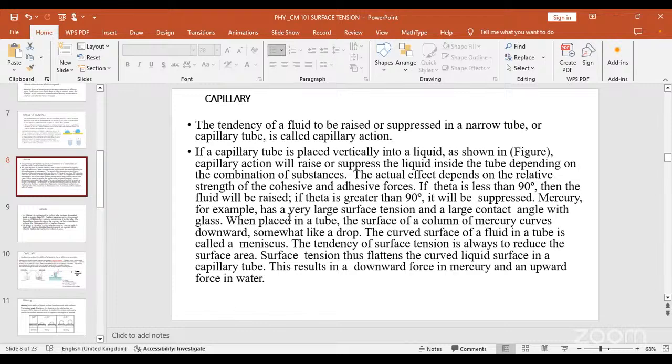However, for mercury in a capillary tube, the level will be suppressed. It will be lower than the standard height, the height of the remaining part. And in this case, the meniscus will bulge out. We'll have the B part of that incident.